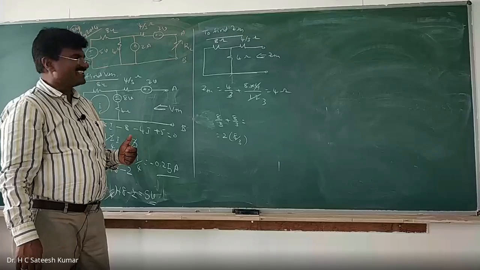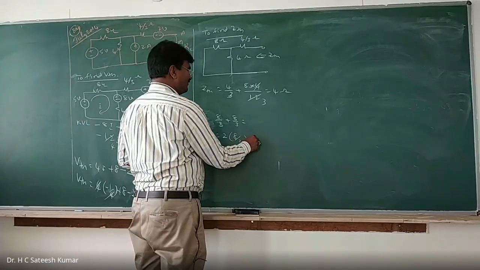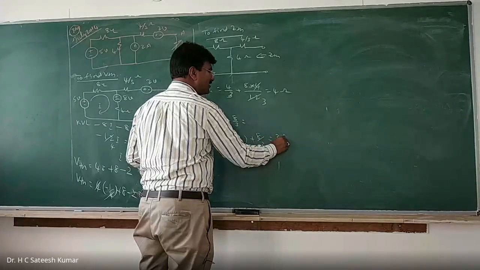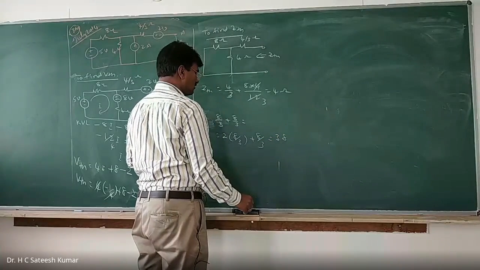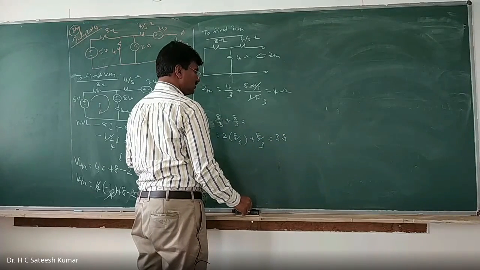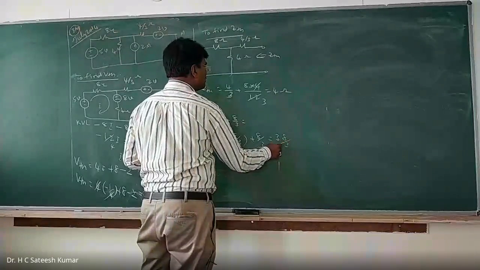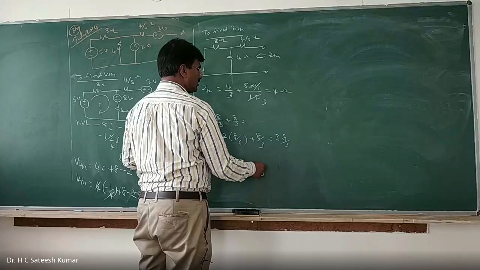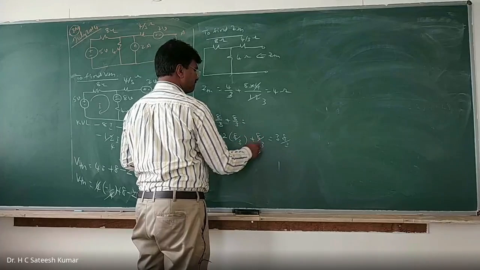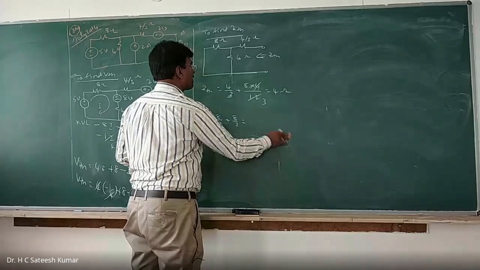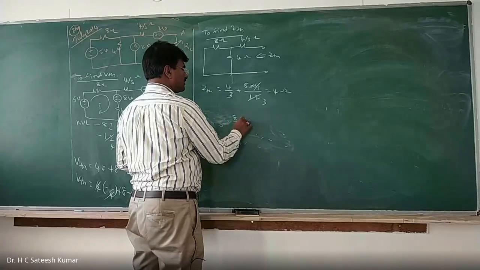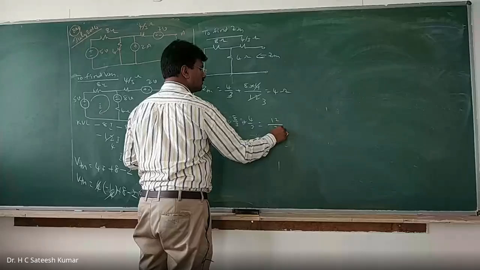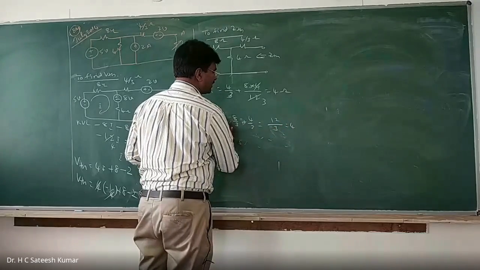Plus 8 by 3, so that is 2 8 by 3 plus 1 8 by 3, which is 3 8 by 3. Wrong. The answer is 8. LCM 3: 8 by 3 plus 4 by 3, LCM 3, 12, 4 ohms. Correct. Okay, right.